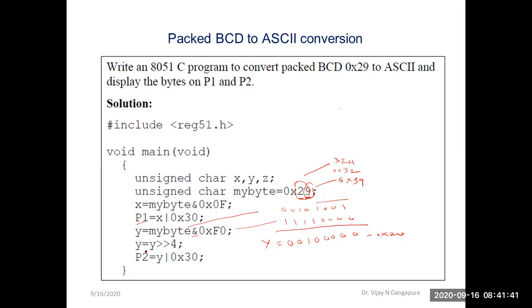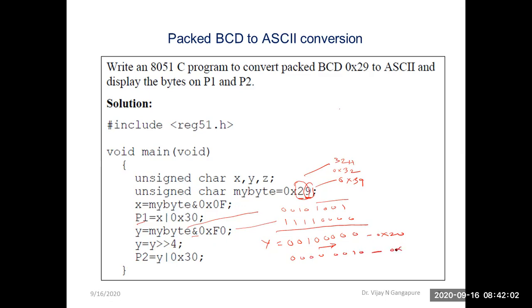Now what we are doing is y right shift by 4 positions, and whatever value we get, we assign it again to y. So when this number is shifted 4 times right, what will happen? I will get 0 0 0 0 0 0 1 0.